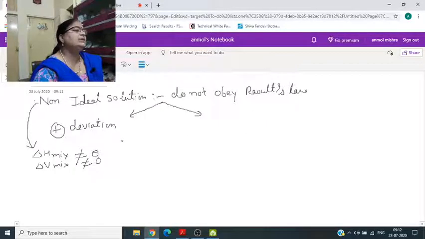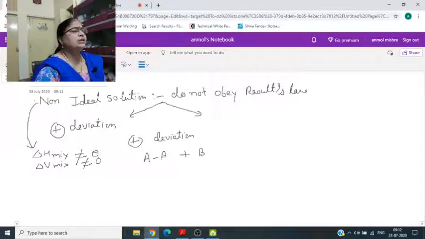Now we will take one example for positive deviation. The first component is A2, the second component is B2. When both of them are mixed together, they form AB.